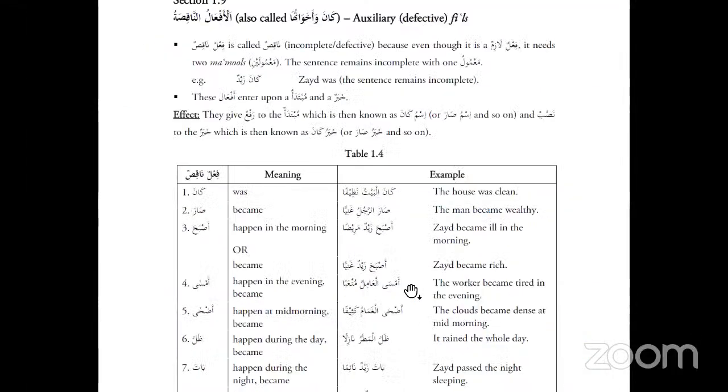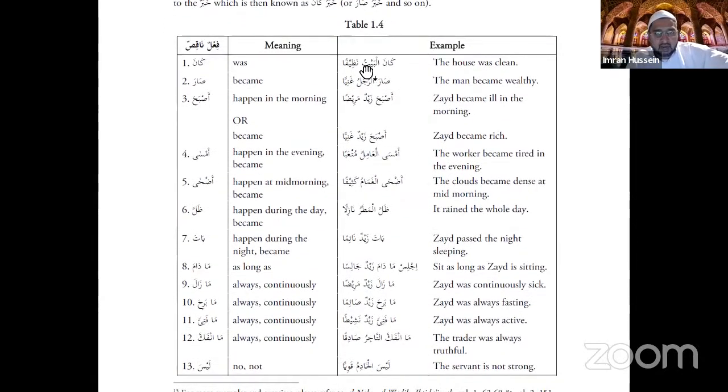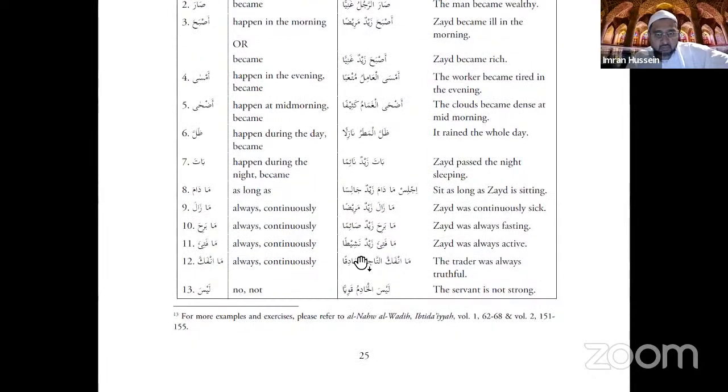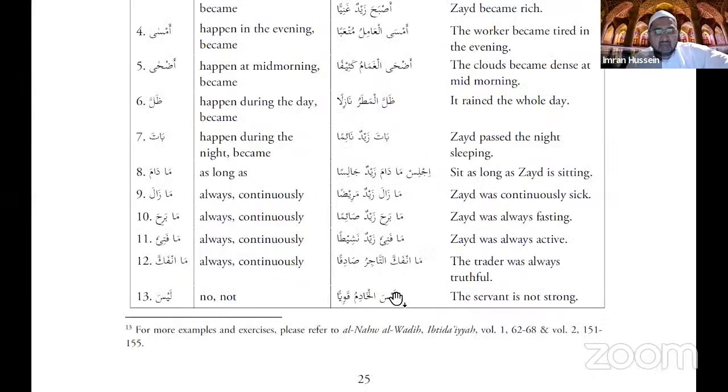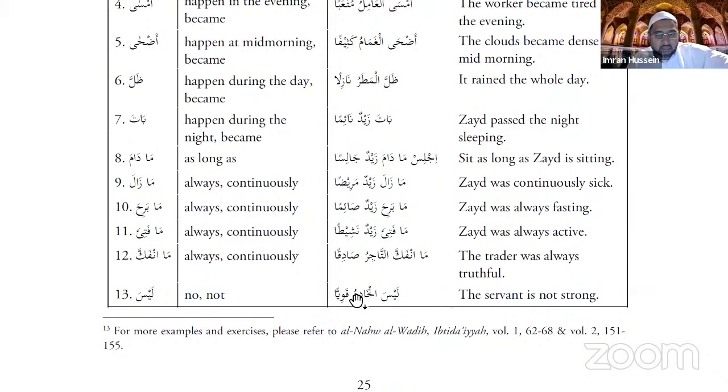So then the other point you need to remember, can you see here now? Kana al-baytu nadhifan, and number 13, this one here, right at the bottom. Al-khadimu qawiyun. The servant is strong.